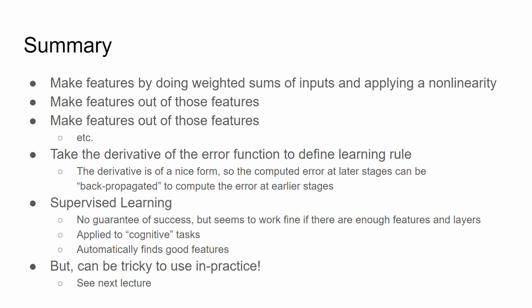And right from the very beginning when this was created, people were applying it to cognitive-type tasks, trying to start modeling the sorts of reasoning that people might do. And it should automatically find relatively good features.